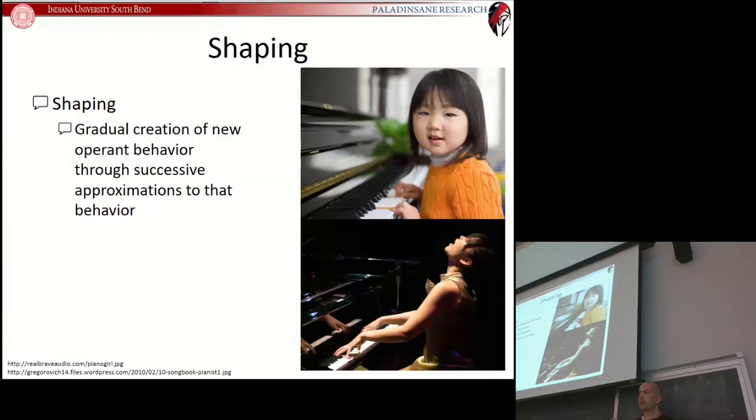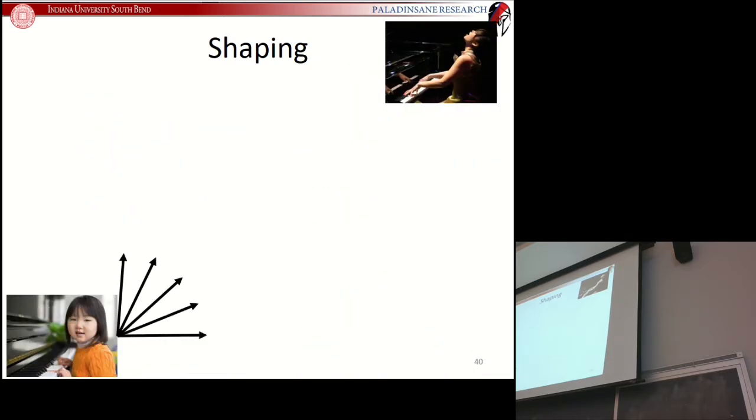All right, shaping. We saw shaping in this treatment of Harry as well. Shaping is when you gradually create operant behaviors through successive approximations of that behavior. The example we saw before is the little girl trying to learn the piano.